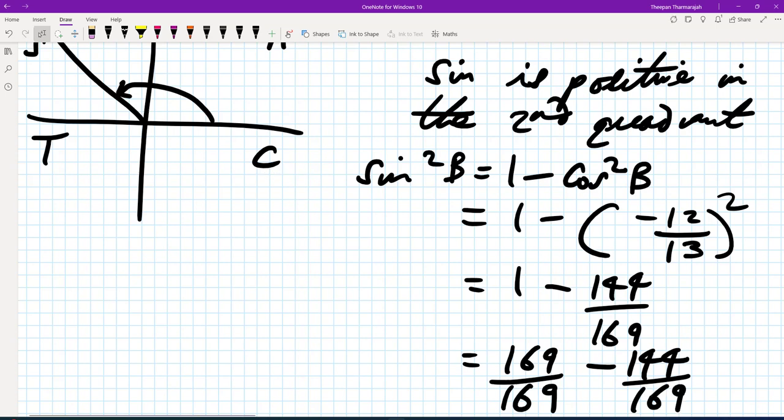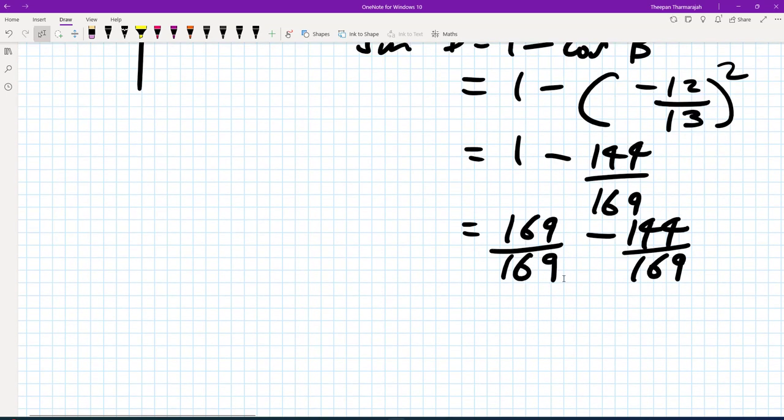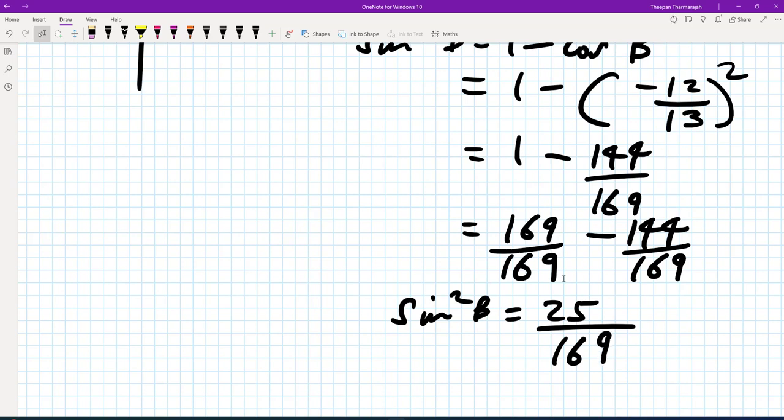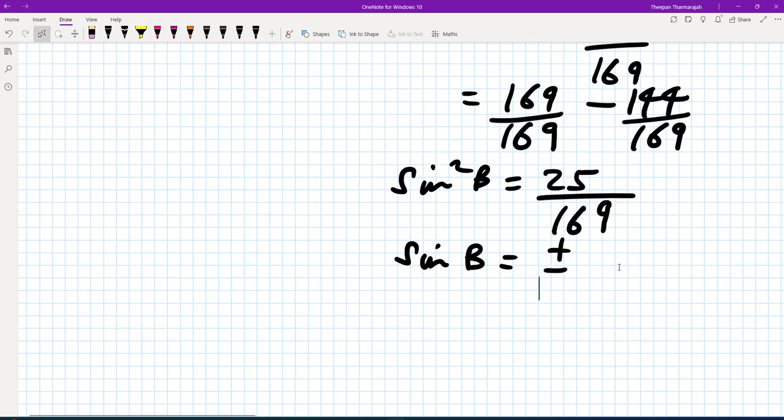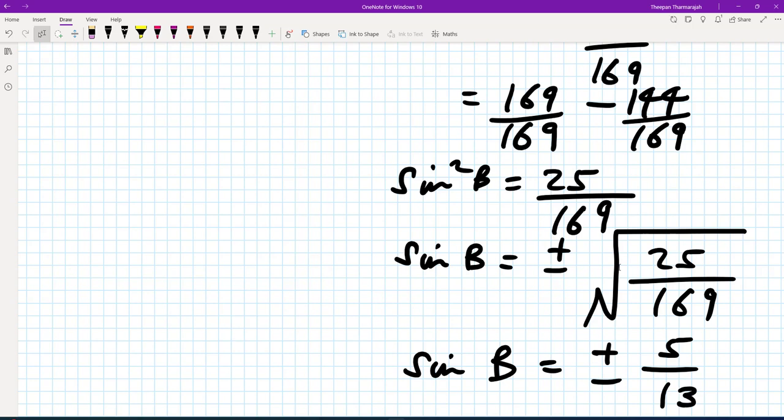So we can say that's the same thing as 25 over 169. So sine squared B is exactly the same as 25 over 169. So when we square root, don't forget we always get a positive and a negative result. So sine B is plus or minus 5 over 13.